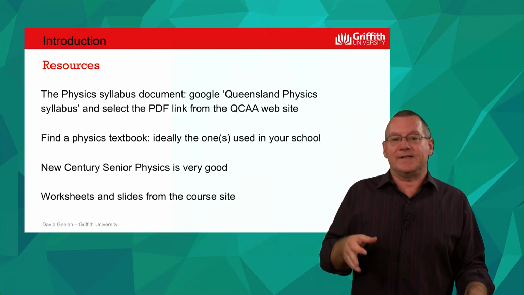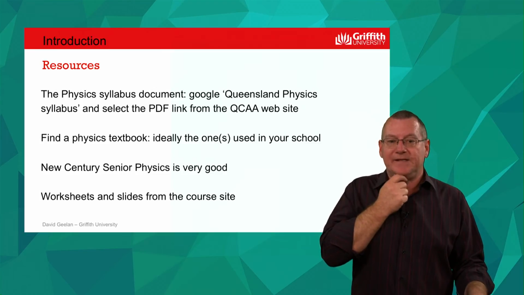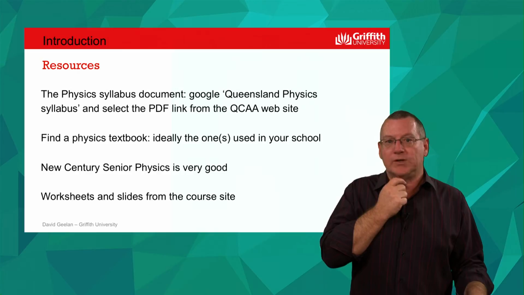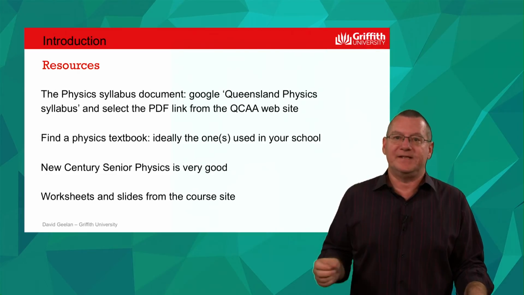Get hold of a physics textbook. I've mentioned New Century Senior Physics there. It's a Queensland book. It's a good quality book that teaches in context and addresses the concepts and has lots of great practice problems and so on. Well worth getting hold of. Or acquire whatever physics textbook your school uses. If they're teaching physics there, have a look at that. Or just look around and find out what is a useful year 11 and 12 physics textbook.